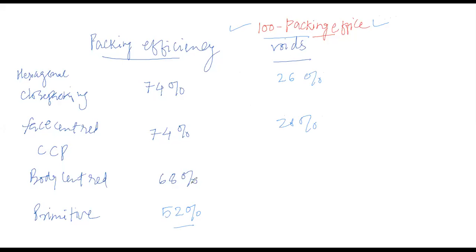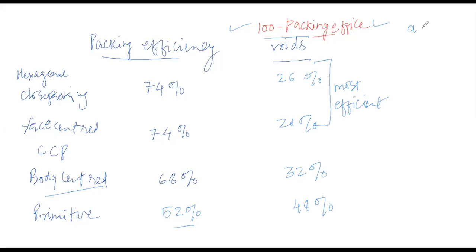For body-centered cubic close packing we can write 32%, and for primitive we can write 48% of the voids. So these two are the most efficient way of close packing.